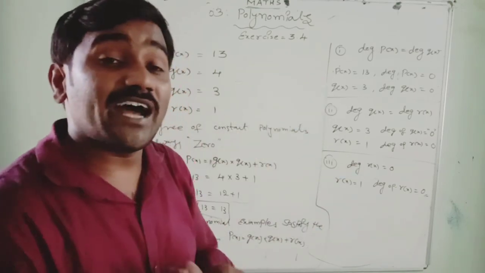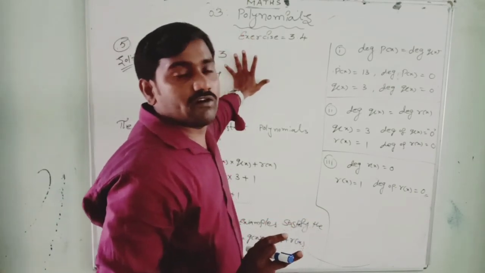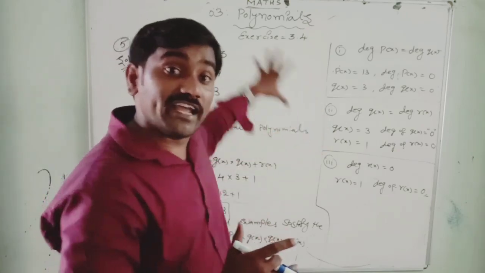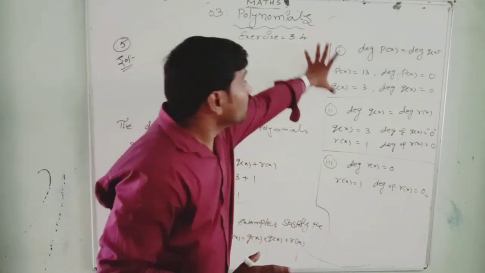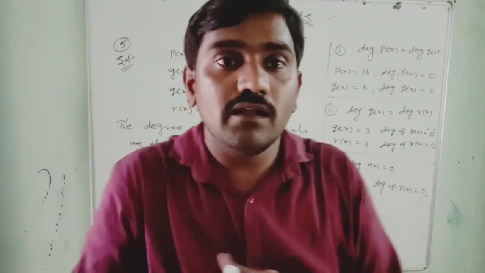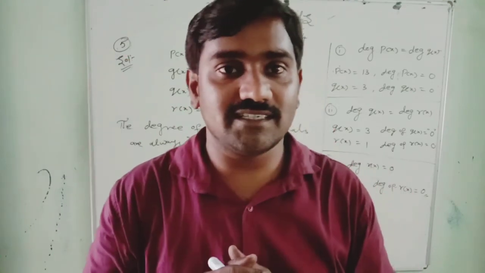You can also take other polynomials: biquadratic, quadratic, cubic, or linear polynomials. By taking those polynomials also you can prove these statements true, if you have that knowledge and have practiced well. Till now we have solved many problems in division.